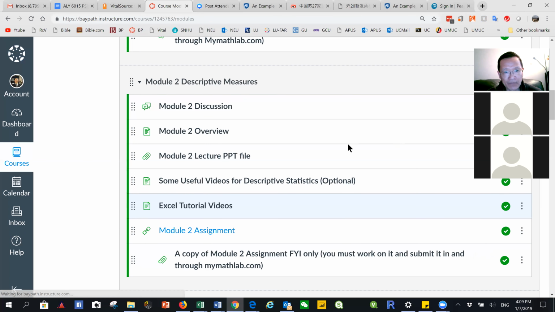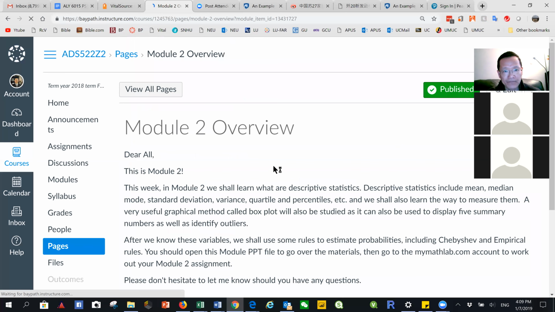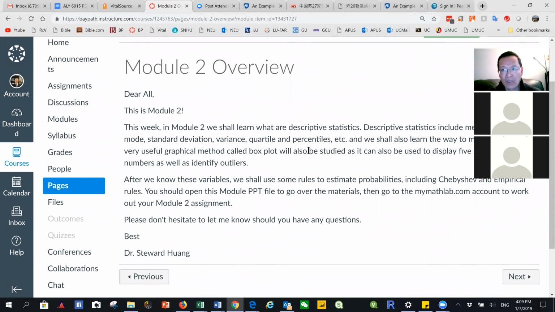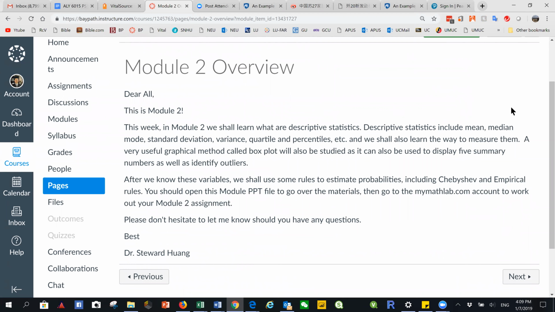If you click on module 2, you will see the overview, where we see that we are getting into descriptive statistics. The most important ones include mean, median, mode, standard deviation, variance, quartiles, and percentiles, etc. These are basic and most important.